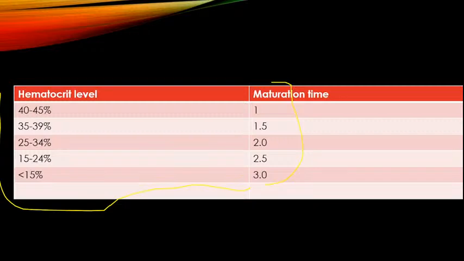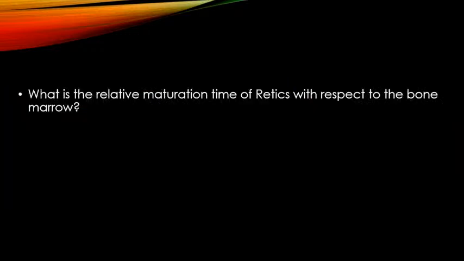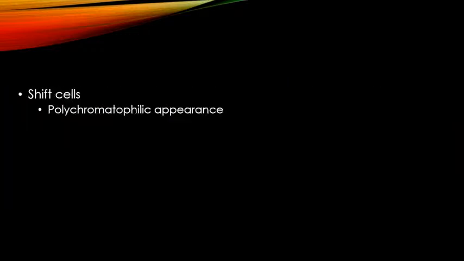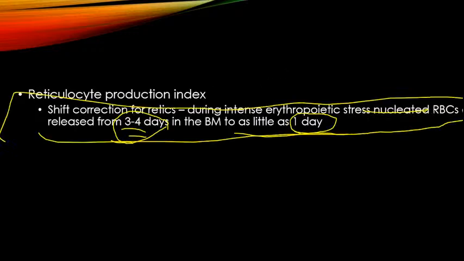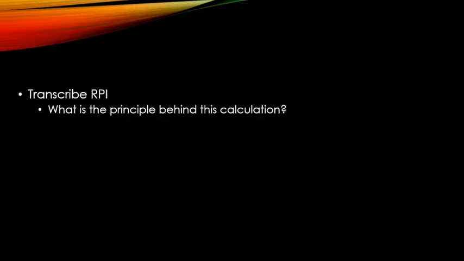Okay? So clear? It's not very commonly asked in the board exam. Usually, if they're going to ask in the board exam, they're going to ask you about the principle, and the principle is going to be paraphrased in a different question. So the principle of RPI is blank blank blank.